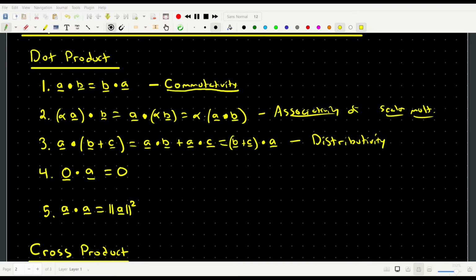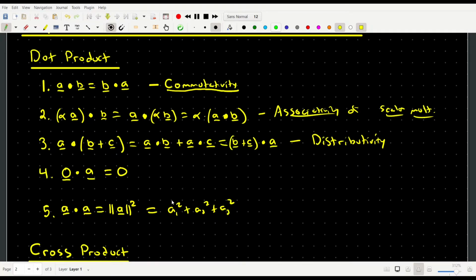The other two we have that we've already kind of seen. The zero vector dot with A will always be 0. And A dotted with itself is always the magnitude of A squared, because A dotted with itself is A1 squared plus A2 squared plus A3 squared.